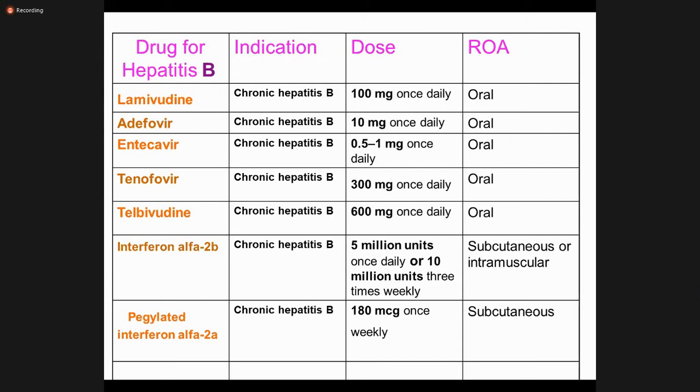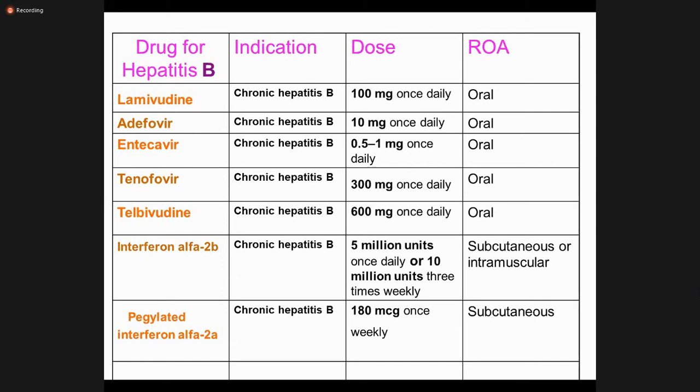Entecavir, the dose, just like the other drugs used in chronic hepatitis that we have already discussed, is 0.5 to 1 milligram once daily, and the route of administration is oral. Tenofovir, the dose is 300 milligram once daily, given orally. Telbivudine, 600 milligram once daily, also given orally.